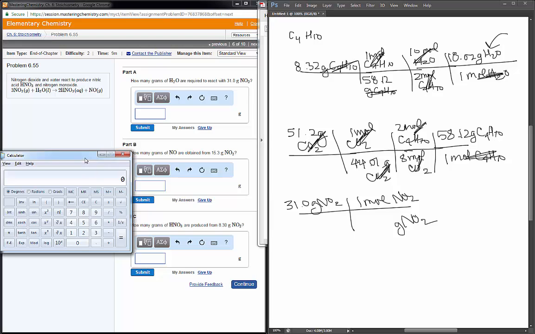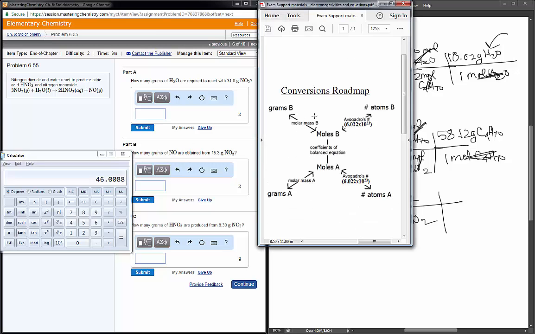We're going to have to calculate that using the masses on our periodic table. We've got 14.01 for nitrogen plus 2 times 15.9994 for oxygen. So we get a molar mass of 46.01 grams of NO2 for every mole.